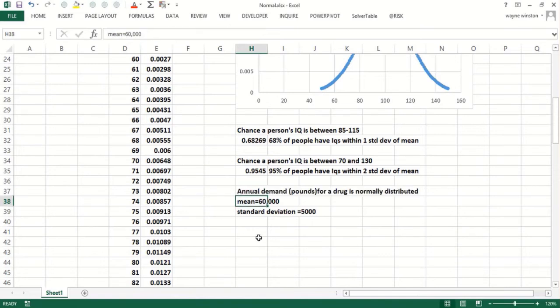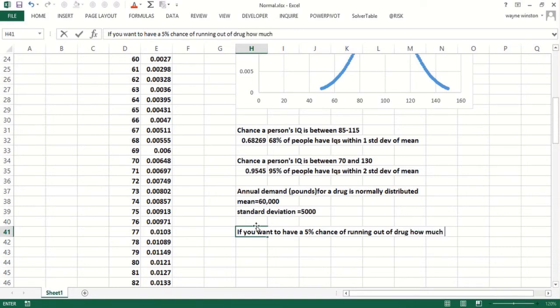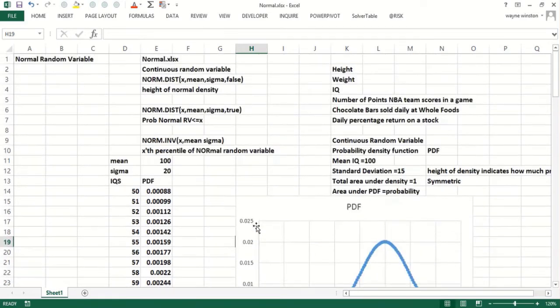If you want to have a 5% chance of running out of the drug, how much should you make? Well, that's the 95th percentile. In other words, you want the number with 95% to the left of it.